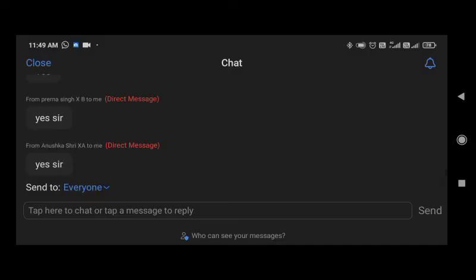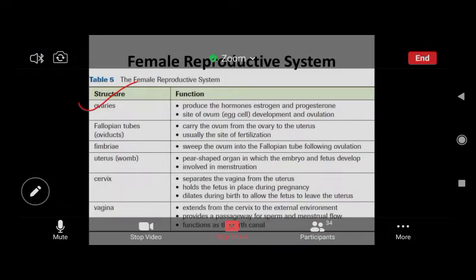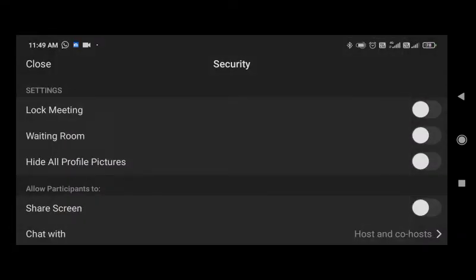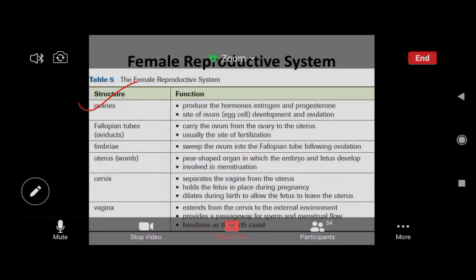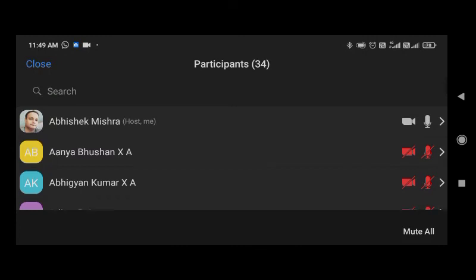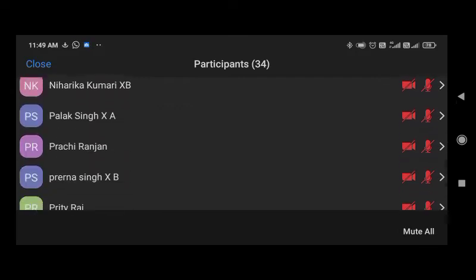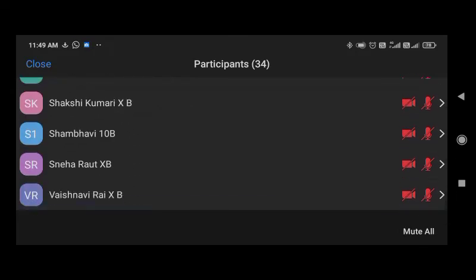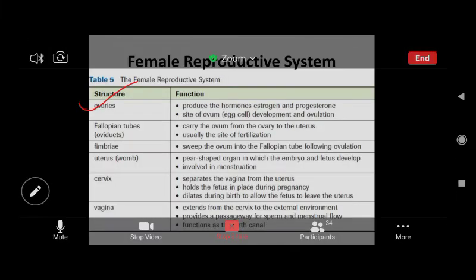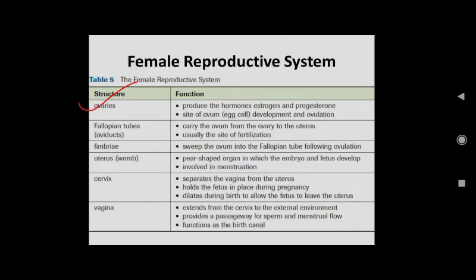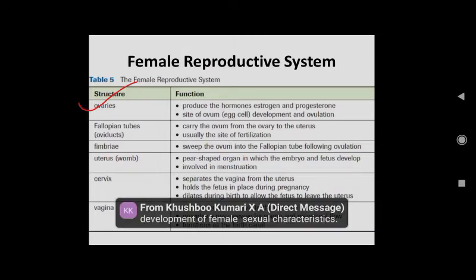What is the function of the hormone estrogen? Anyone? Yes, no matter, take your time.